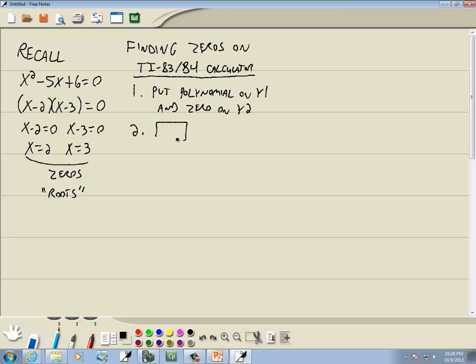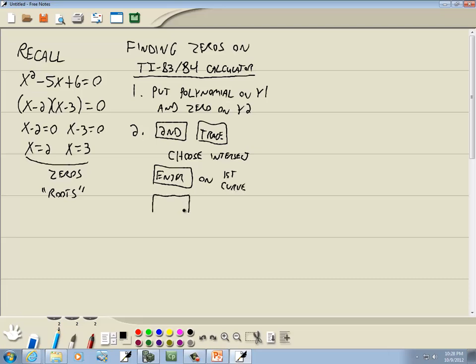Second step, we're going to do second trace. We're going to choose intersect. Then we're going to do enter on first curve. And we'll do enter on second curve.